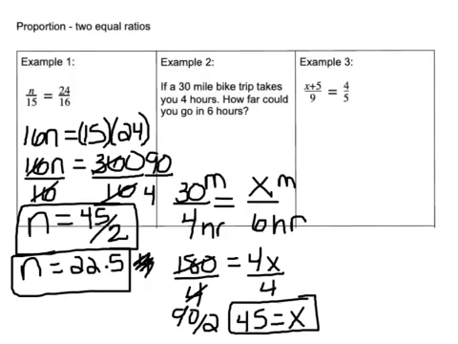In example 3, again, we have two ratios that are equal to each other. To solve the proportion, we're going to cross multiply again. In this problem, 9 times 4 is 36. When we cross multiply x plus 5 times 5, we have to show this using the distributive property.